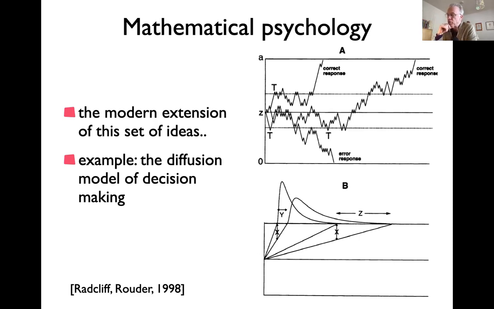Mathematical psychology does this quite rigorously and has a very good link to statistics to make exact what it means that the parameters are uniquely estimatable, that there's no arbitrary aspect in the fitting. So I can give you an example of a very popular mathematical psychology model.